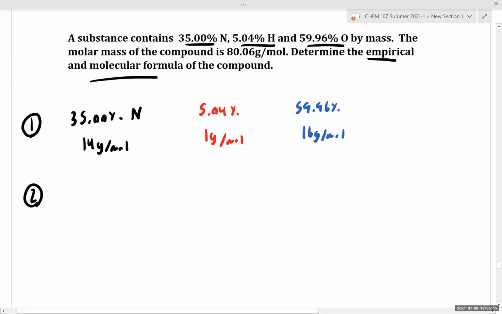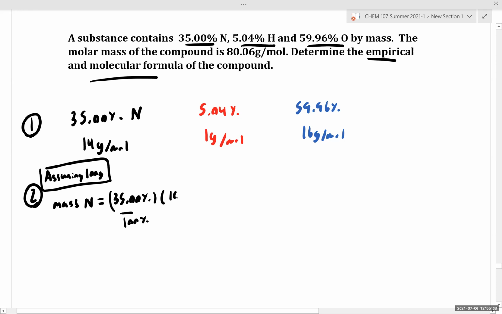From here now, students have calculated the mass of nitrogen, hydrogen, and oxygen. The mass of nitrogen was obtained by taking the mass percent times the total mass, where we're assuming 100 grams as our total mass. Okay, that in turn gives us 35 grams of nitrogen.